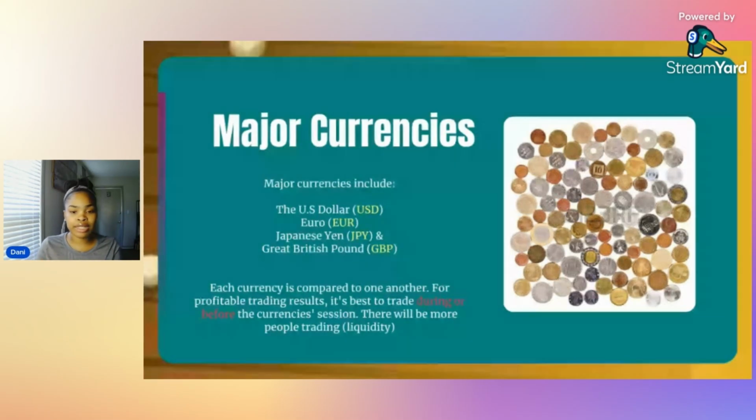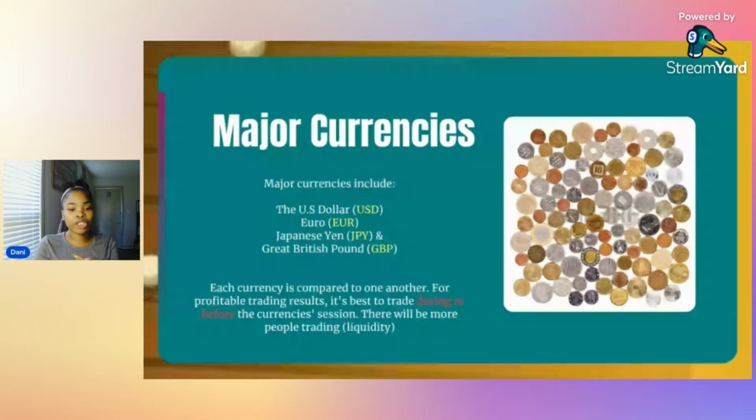Everybody's up, money is circulating, people are spending money. All right, so that's when you're going to get a lot of volatility in the market. And that is why some pairs have higher volatility and higher momentum than others, simply because of the time that each session is open for.